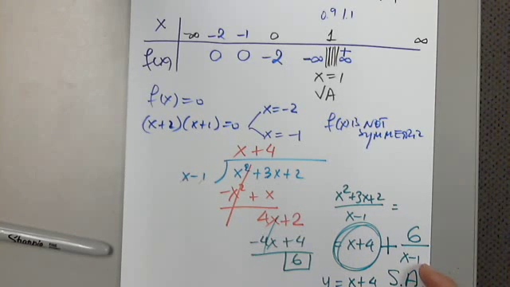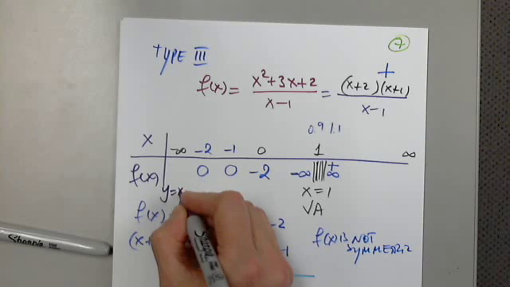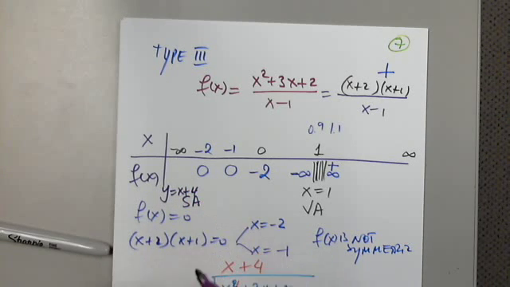And you can say, what happened to this? Nothing. When x approaches infinity, this quantity will approach 0. That's why we don't even look at it. So I will write y equals x plus 4 slant asymptote.